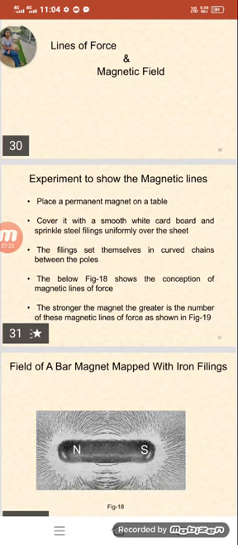Suppose we are doing some experiment for knowing the magnetic lines.